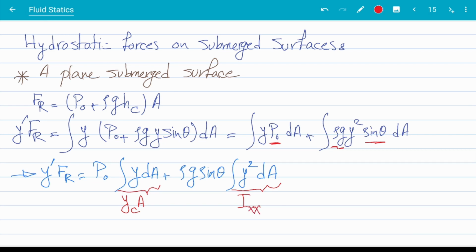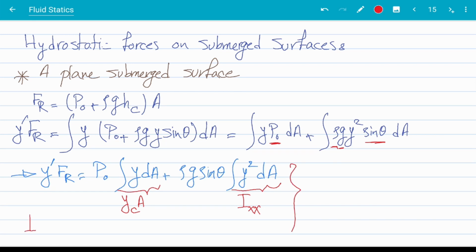Again, this is something that you learned in statics. However, this is not really optimal for us yet, because this second moment of area is about the x-axis, which we defined was tangent to the free surface of the liquid, right? We really want to express this equation in terms of the centroidal axis. So I'm going to use the parallel axis theorem.